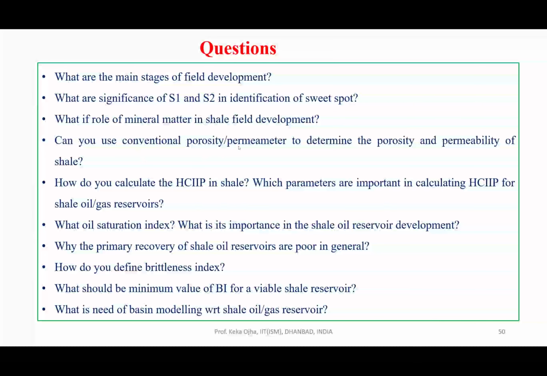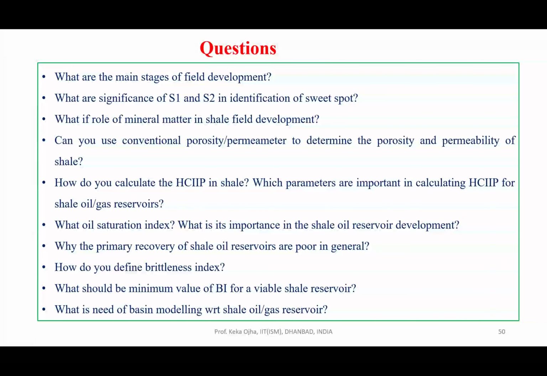Can you use a conventional porosimeter or permeameter to determine the porosity and permeability of shale? No, because before fracturing, the amounts are very small. Pore diameter is also very small. So conventional porosimeter and permeameter cannot be used to determine that.